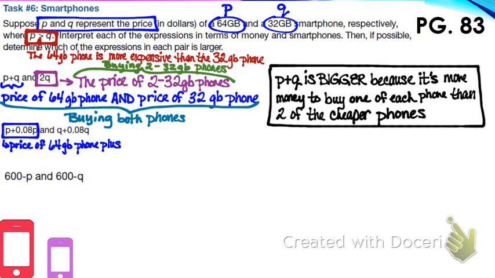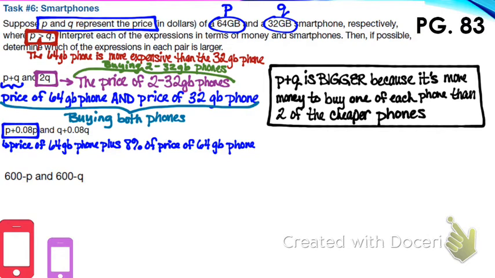Plus 8% of what? 8% of, yep, of the price of the 64 gigabyte phone.